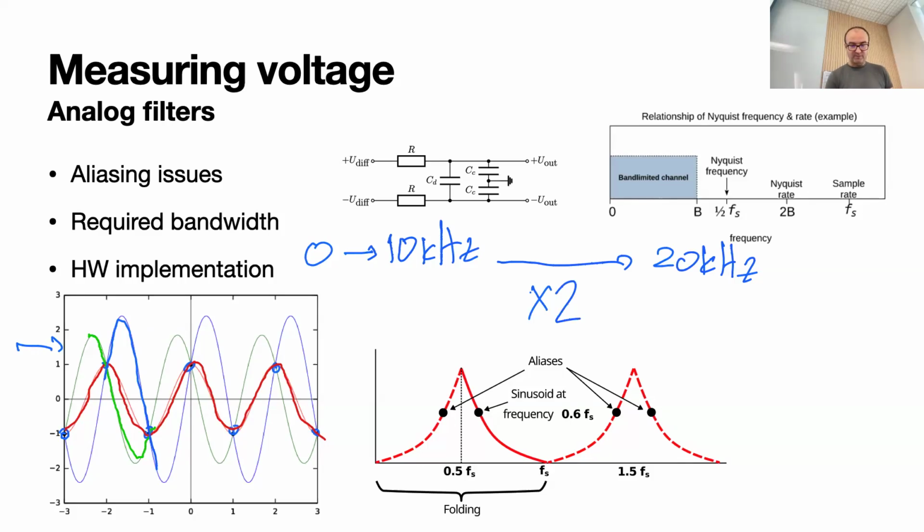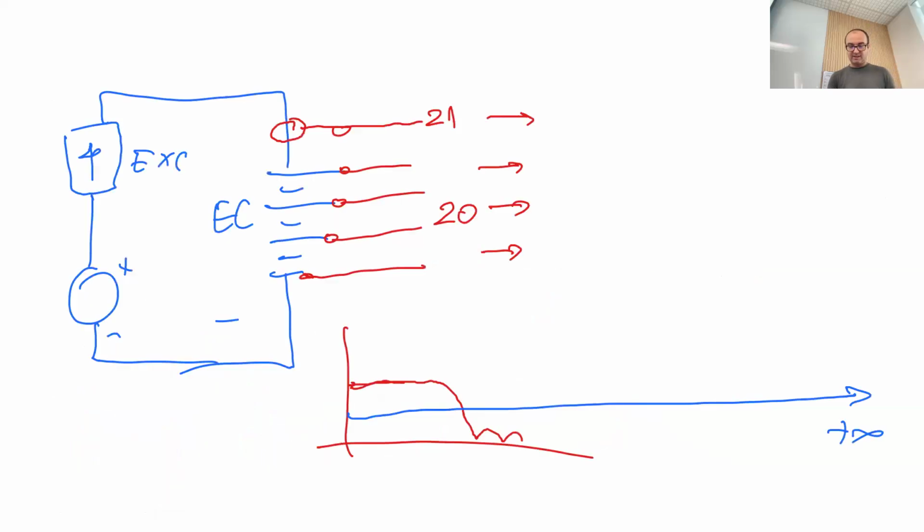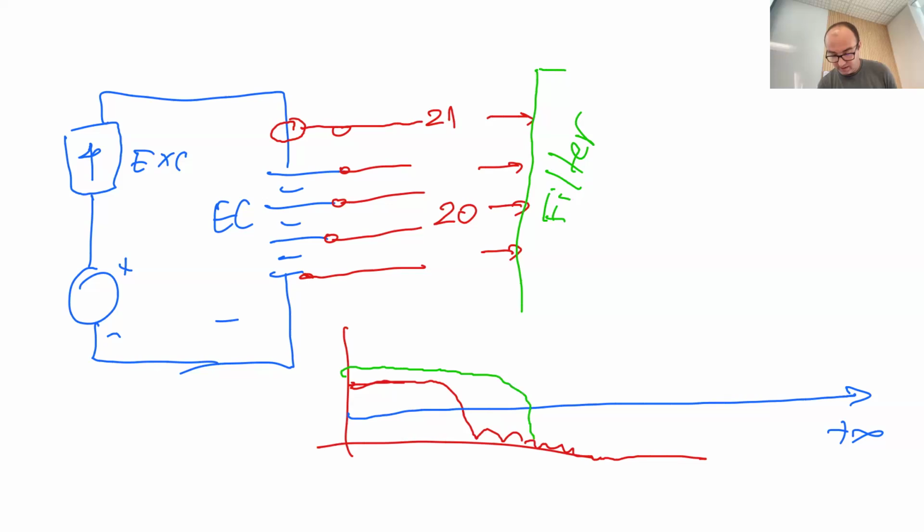So it's times two. How do we achieve this? In essence, we have our signal that goes like this slowly, but then we have an infinitely long noise level. So before we start measuring these signals, we have to filter them and cut everything above 10 kilohertz. There are no signals above 10 kilohertz.